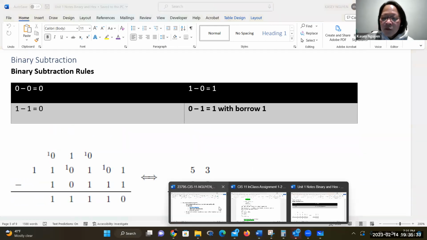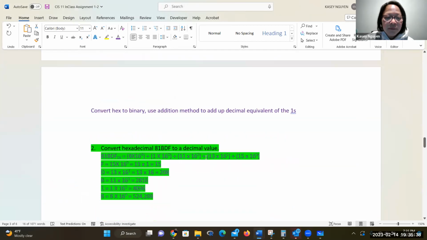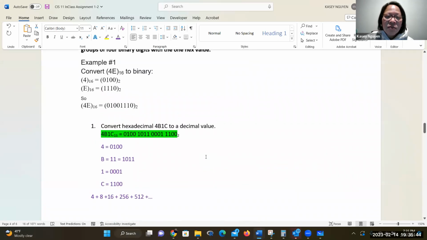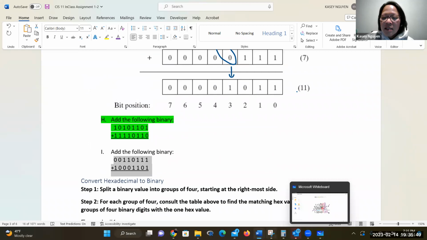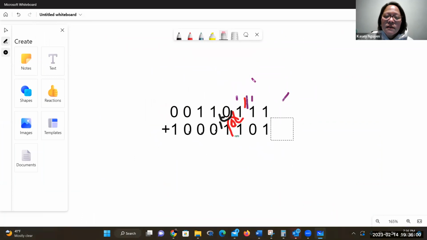Did I give you guys the subtraction? I'm going to do the example before I get into hexadecimal to be clear with you guys. So let's do an example together. I don't want to use just a book example, so let's erase. We can use the same one.